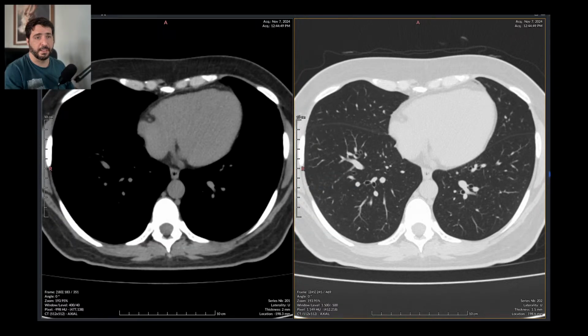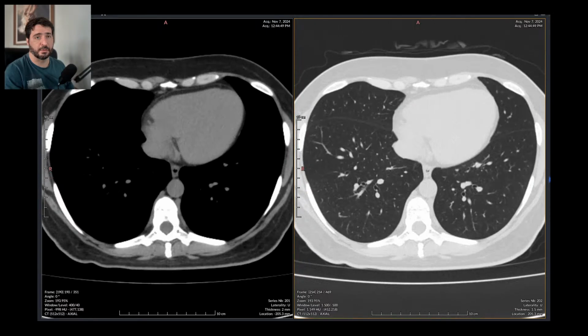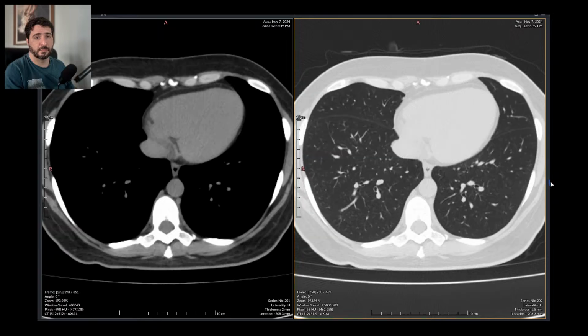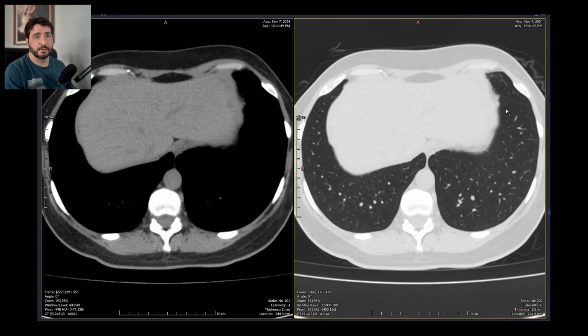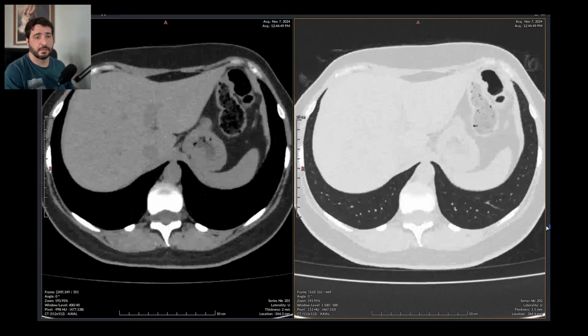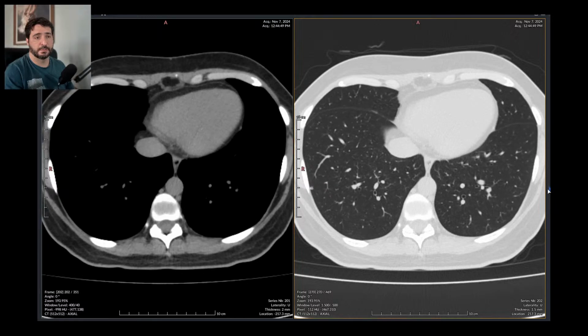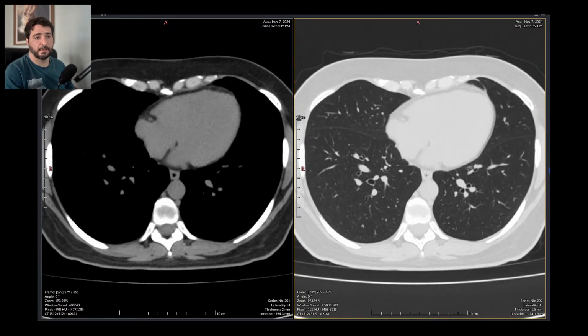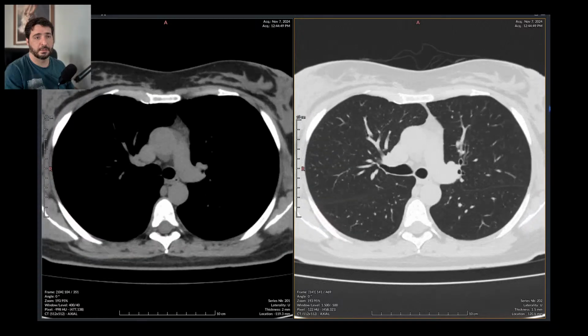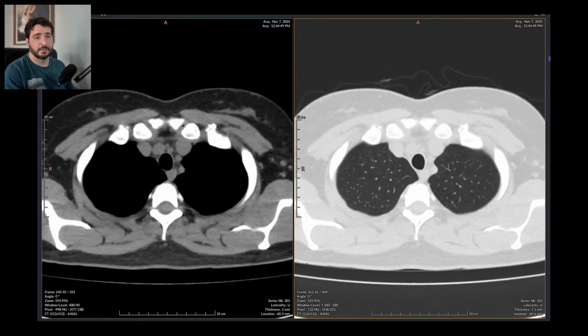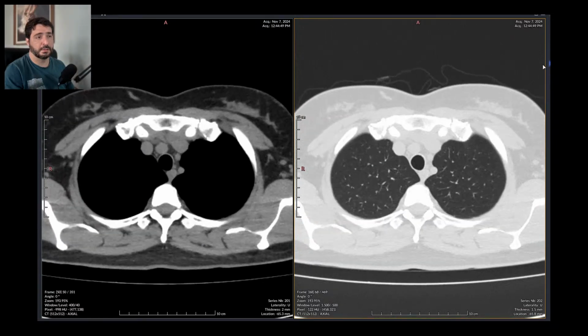Some tiny bands, which are really common on the middle and the lingular lobes. Right there, a tiny one right there. This is at most 0.3, so yeah, okay with that. This is an easy one.